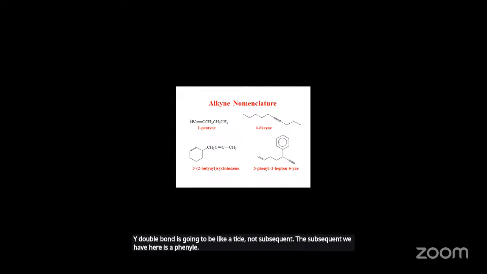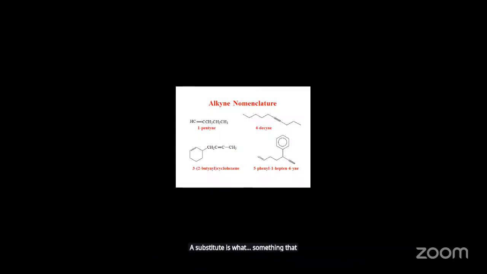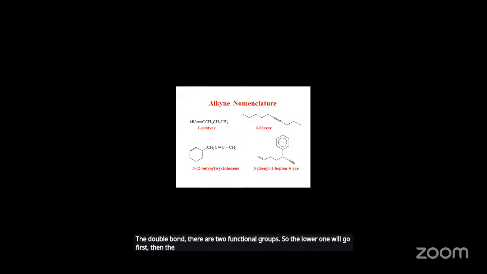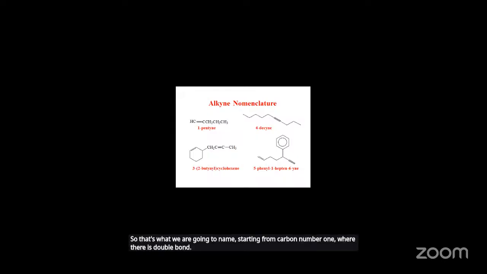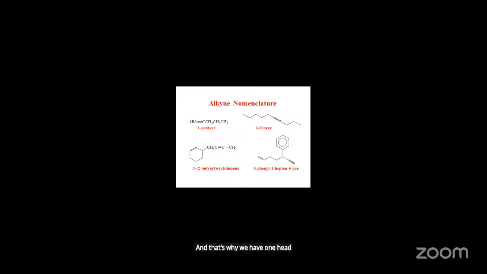A substituent is something that is not part of the parent compound. But double bond and triple bond are 2 functional groups. So the lower one will go first, then the higher one will follow. So that's what we are going to name, starting from carbon number 1, where there is the double bond. And that's why we have 1-heptene-6-yne.